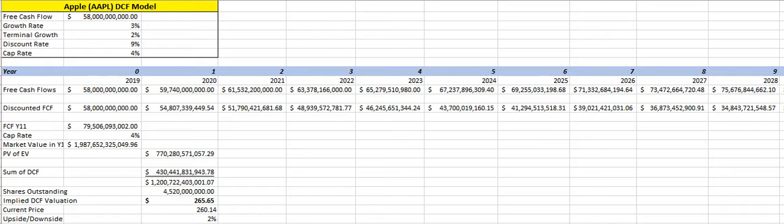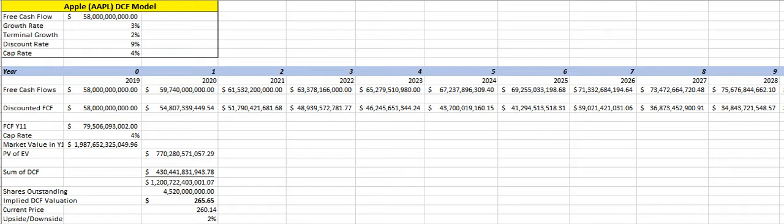The market is telling you, based on current valuations, that they're projecting Apple to grow its cash flows at about 3% per year. So given the current price, based on this discounted cash flow model, there's probably about 2% upside in Apple stock.